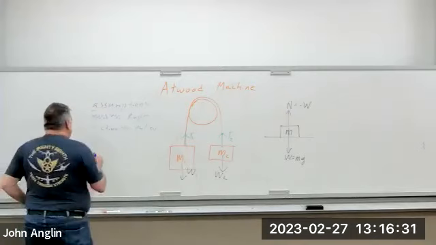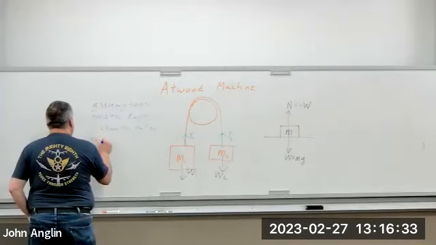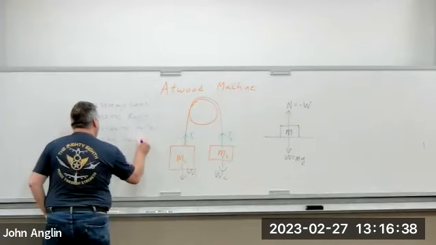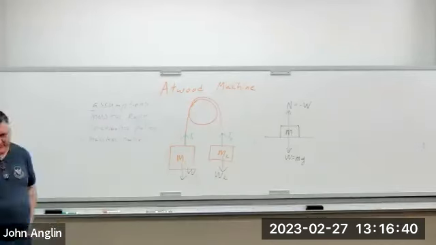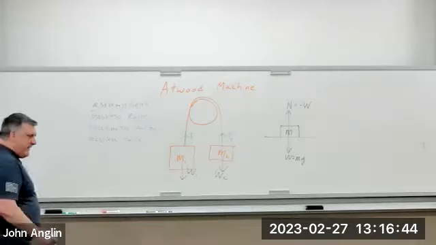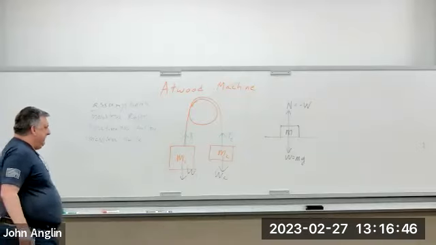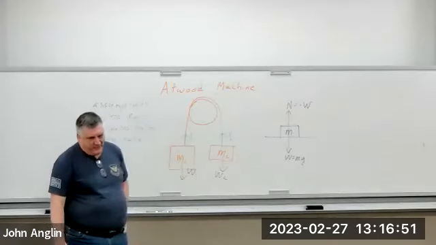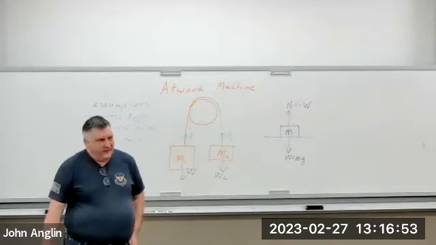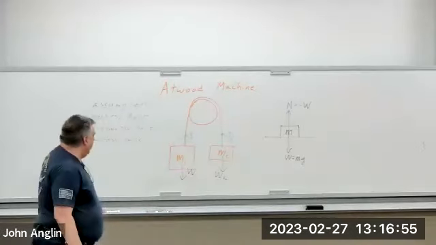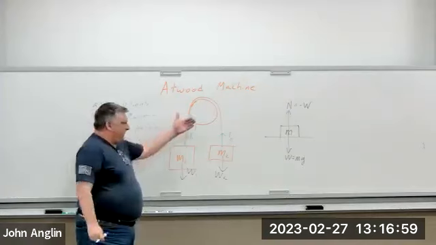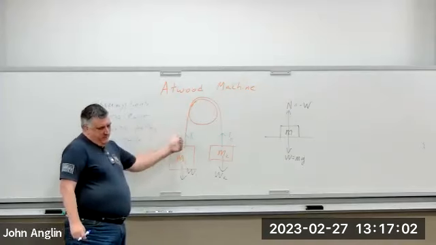We are also going to assume that the pulley has no mass. The reason we're going to do that, again, is we haven't talked about rotational motion. There is a thing in rotational motion called rotational inertia that you would have to account for if this thing had mass. You have to overcome the rotational inertia of the pulley to make the system move.